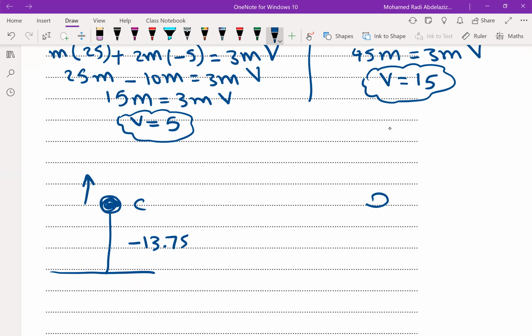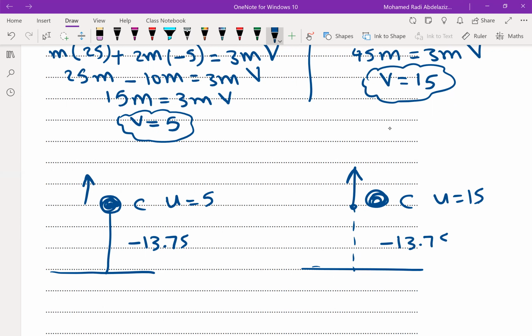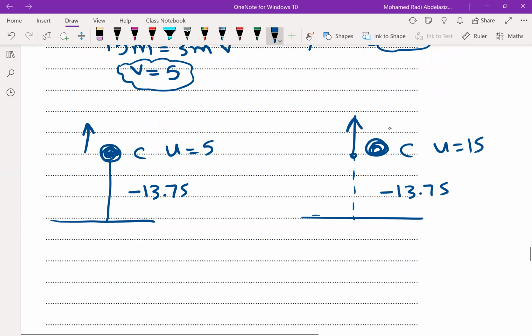And in the second case, particle C still moves up with velocity 15, and here is the velocity, which is 5. And also the displacement between the particle and the ground is -13.75. So we'll calculate the time taken for particle C to get back to the ground again.